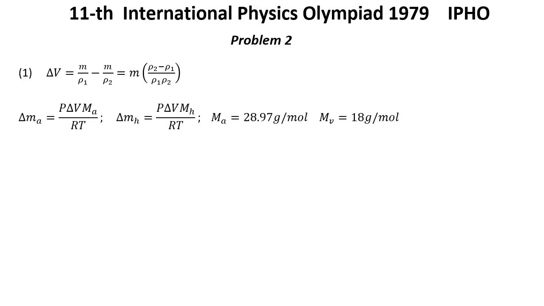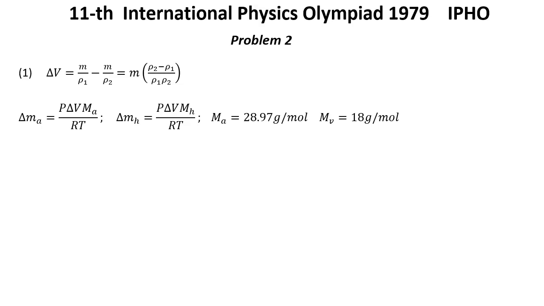In dry air, we have delta MA equal P delta V multiplied by MA over RT, where MA is the molar mass of dry air, and for humid air we have delta MH equal P delta V MH over RT, where MH is the molar mass of humid air.